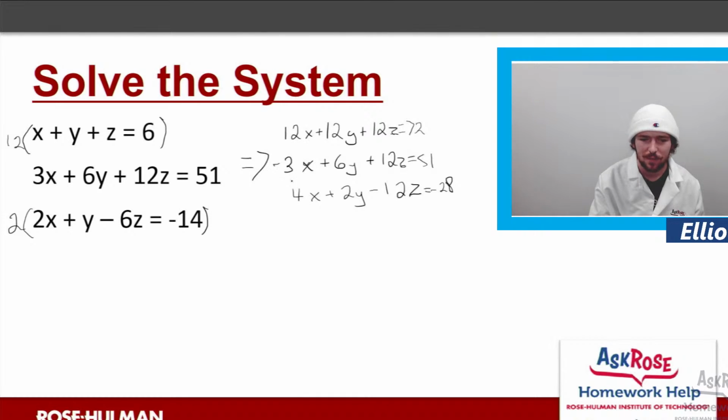Subtract this from this one. This one will leave totally by itself. I'm just going to circle that to remember that for later. We're going to get 9x plus 12y. Oh, that changes. Sorry, you guys.